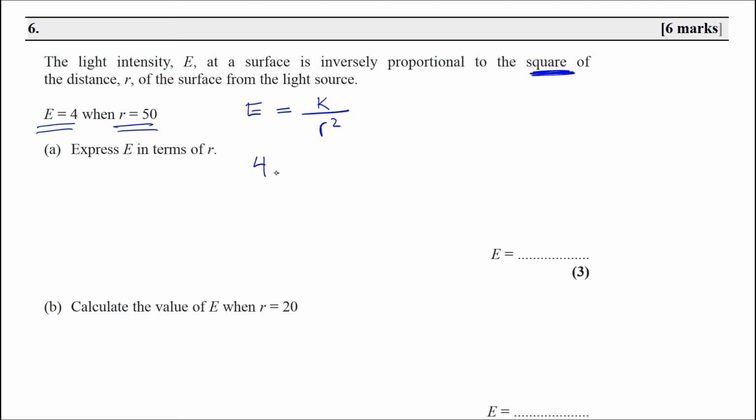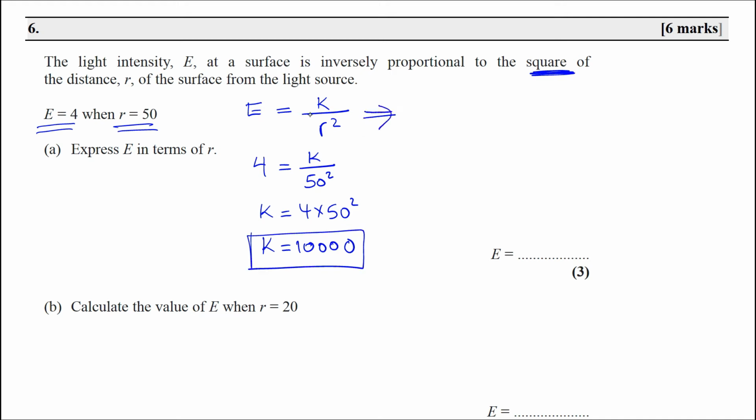So 4 will be equal to K over 50 squared. So K will be equal to 4 multiplied by 50 squared. And if you plug that in the calculator, that will be equal to 10,000. Then we can plug that into this equation. So E is equal to 10,000 over R squared, and that will be the required equation.